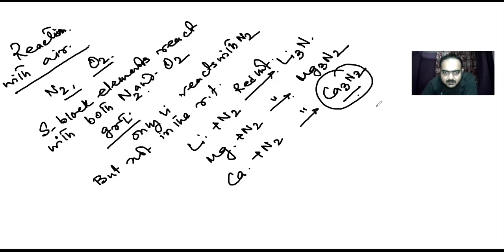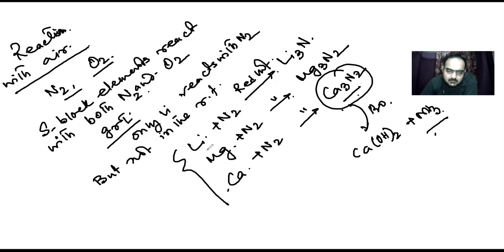You can put calcium nitride in water. This will produce calcium hydroxide plus ammonia as the product. So it's very important actually. In group 1, only lithium reacts with nitrogen. The rest of the elements generally do not undergo the reaction with nitrogen to form nitrides.